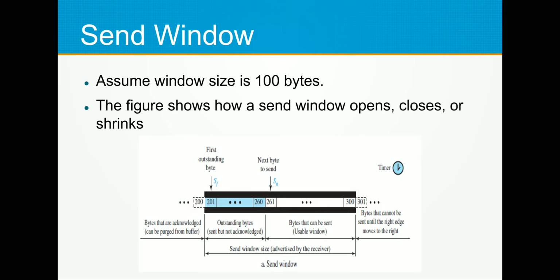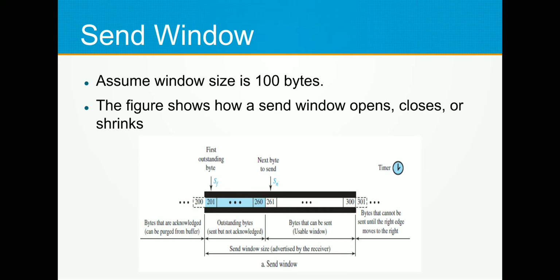And again among the send window, you see certain bytes prior to the first outstanding byte 201. Okay, so these bytes have been sent from the buffer, and you have also received acknowledgement for them.